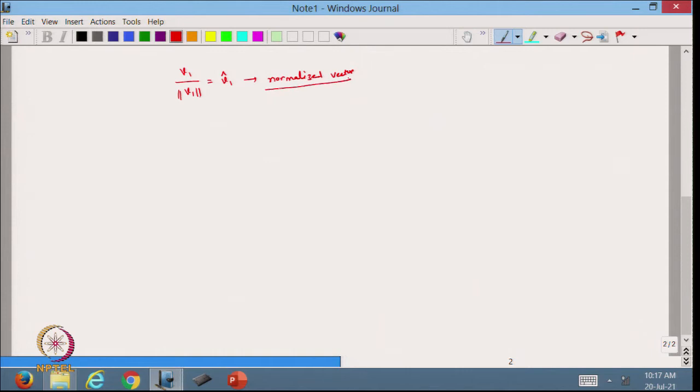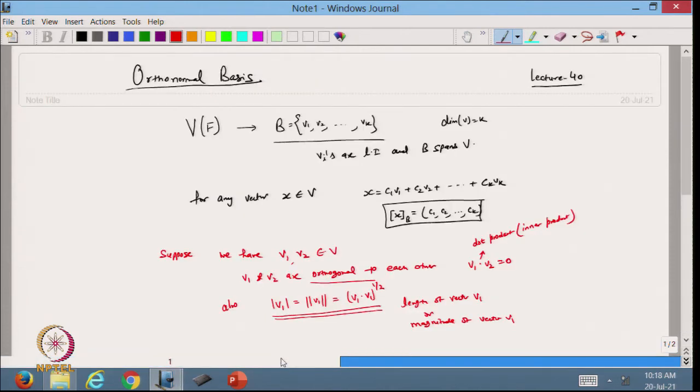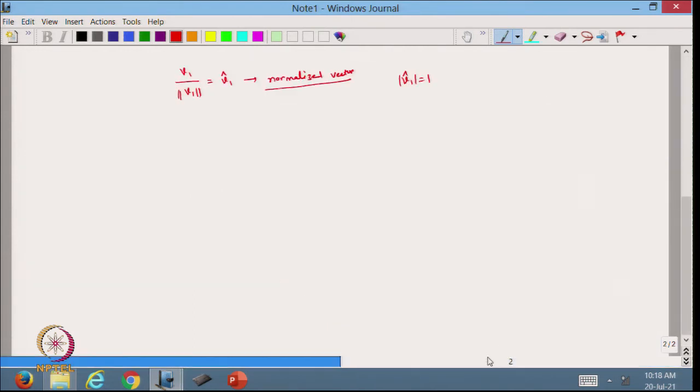If you see now, its length is 1. So, we have taken a vector and divided it by its magnitude, and that process is called normalization. We have normalized the vector and its magnitude becomes 1, and V1 and V2 were already orthogonal.